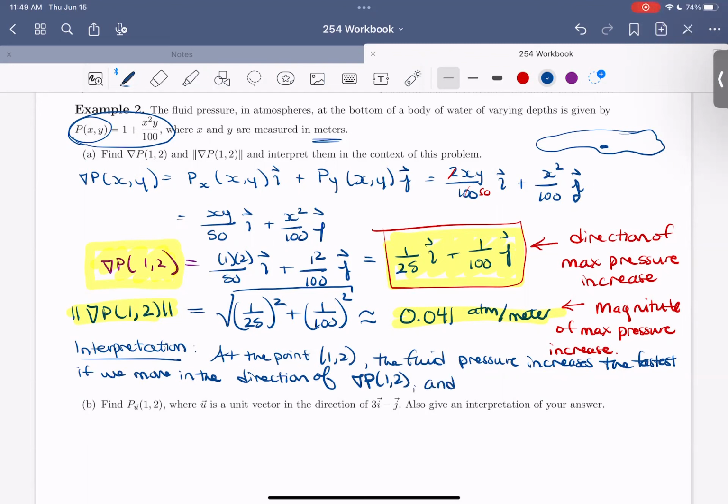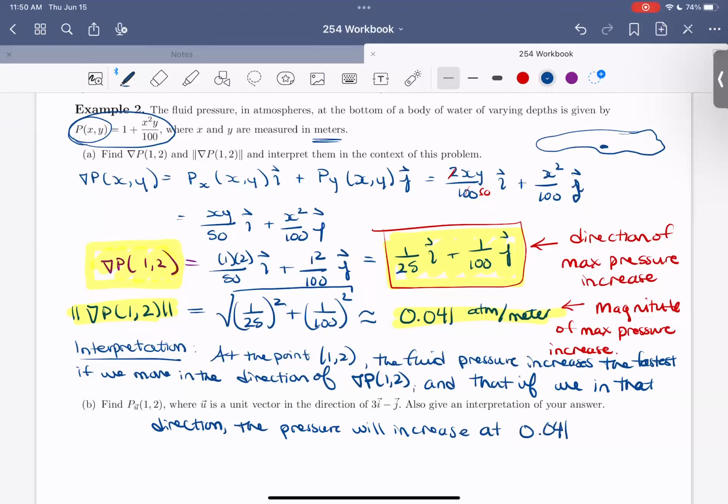And if we move in that direction, the pressure will increase at 0.041 atmospheres per meter that we move.